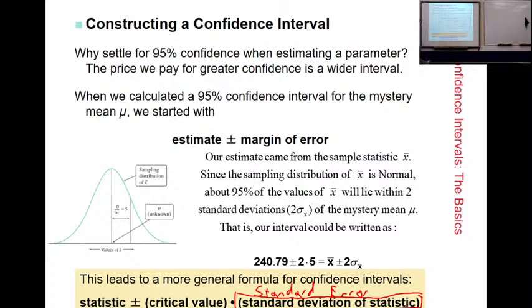The formula is going to be the statistic, the data point we're centered around, plus or minus some margin of error. And this format is how the confidence interval formula is going to be given to you on the AP test. It's going to be written out in these words: critical value times standard deviation of statistic.